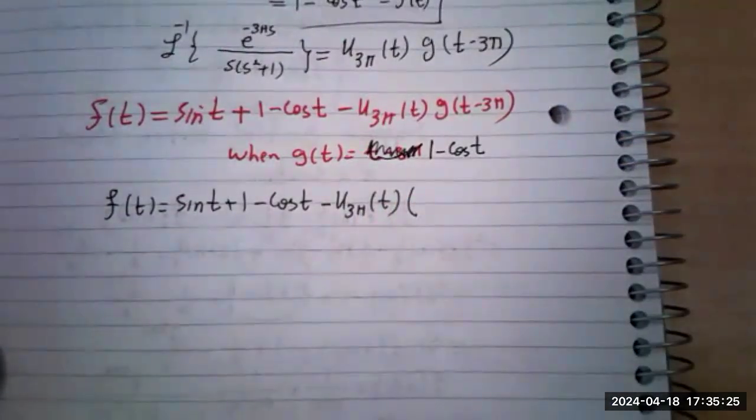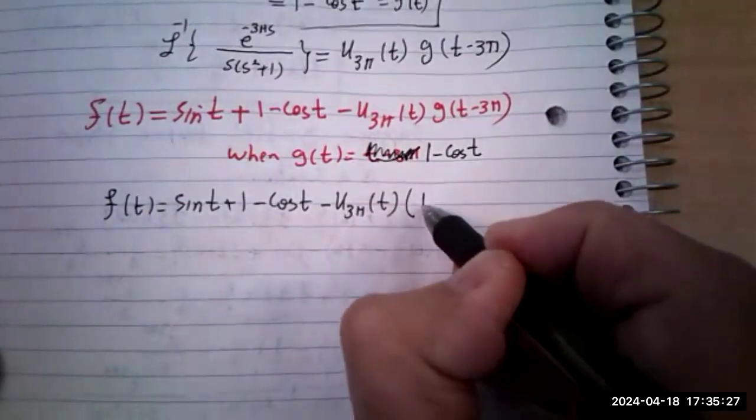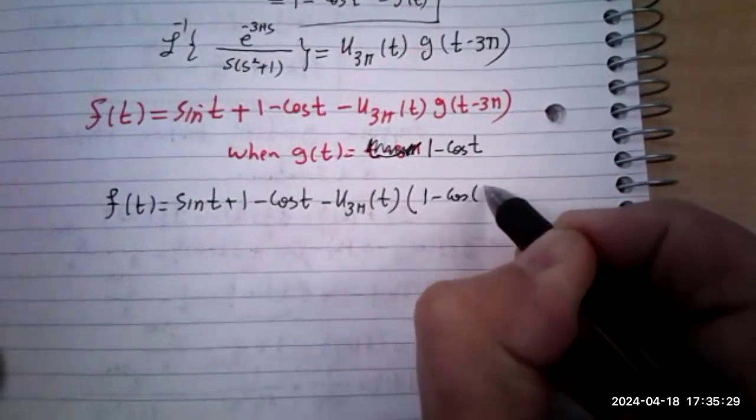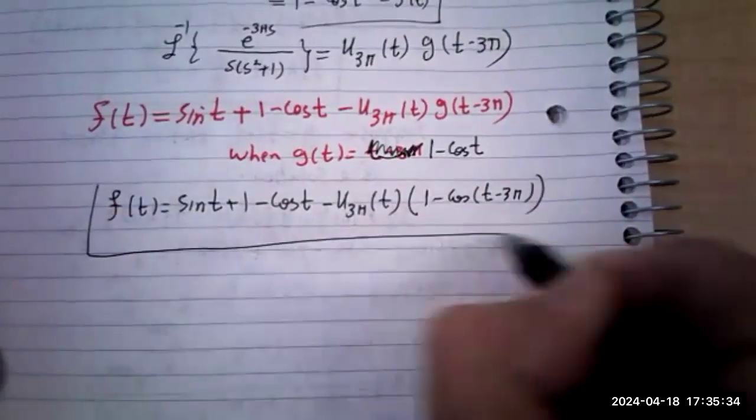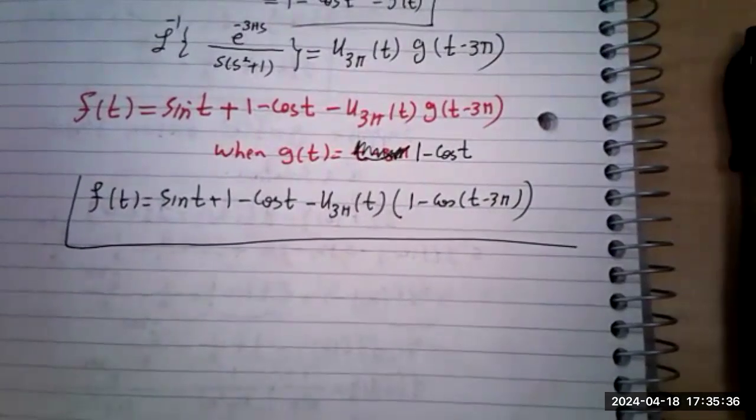See? So if you like to repeat it, it's going to be 1 minus cosine of t minus 3 pi. This is going to be the final answer. But if you write g of t minus 3 pi, you get it accepted right away.